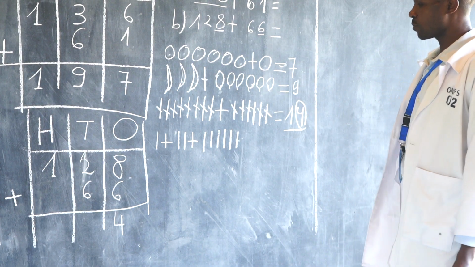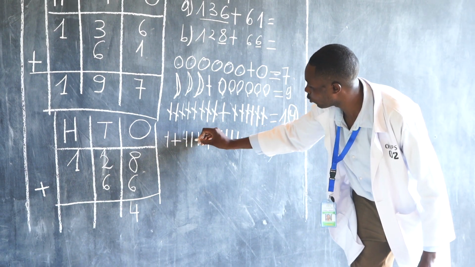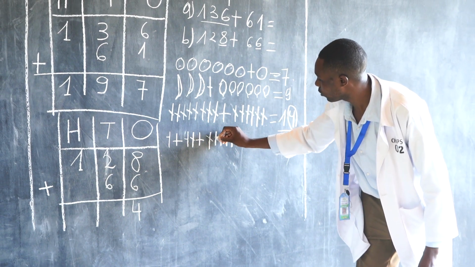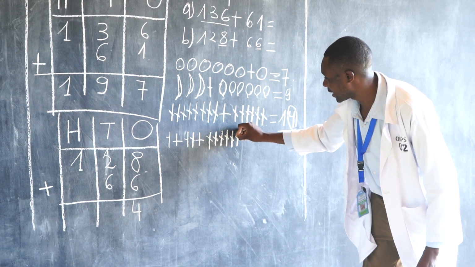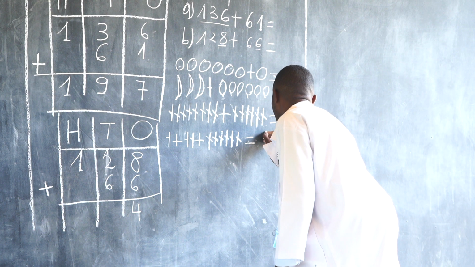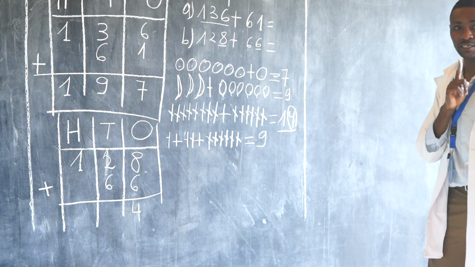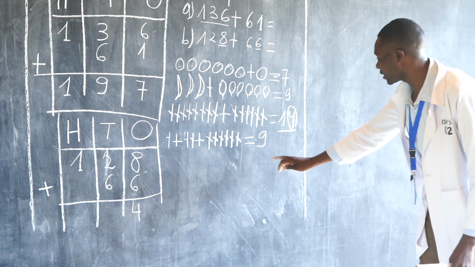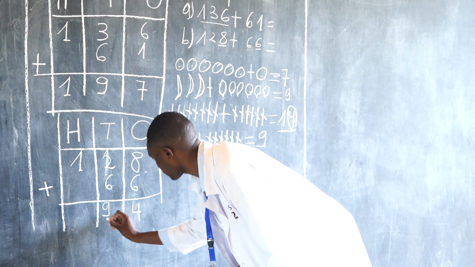Now let us count them all together. Now 1, 2, 3, 4, 5, 6, 7, 8, 9. Now here our answer is 9. Now we already see that this 9 is a single digit. Now it means we are going to put 9 here.